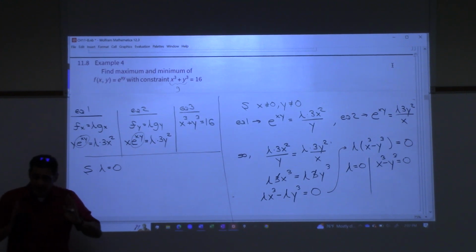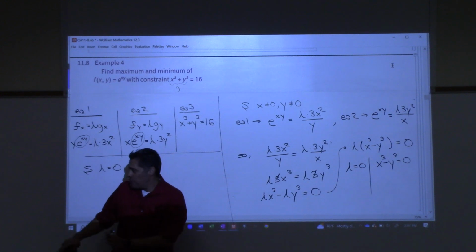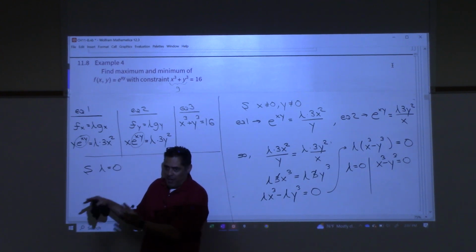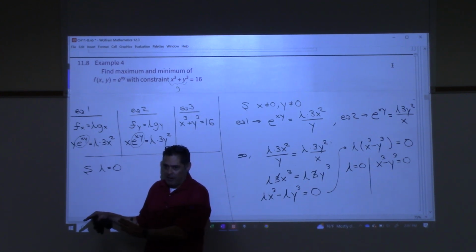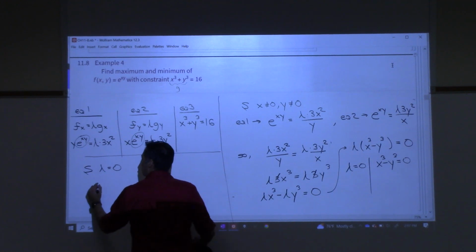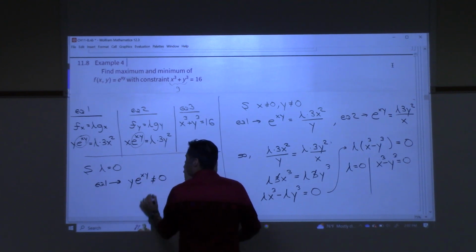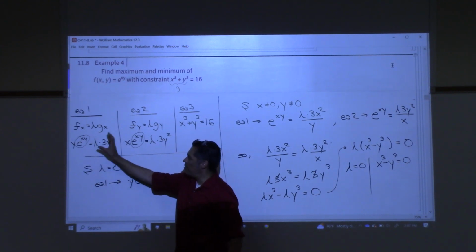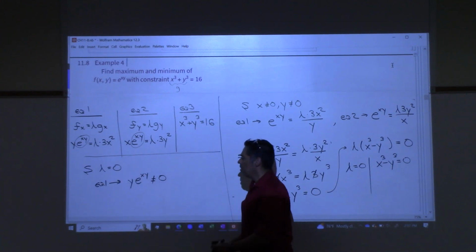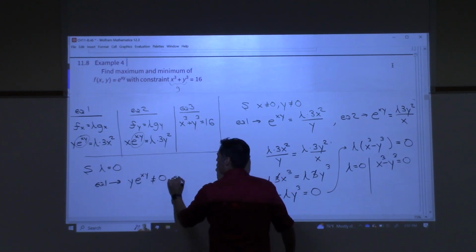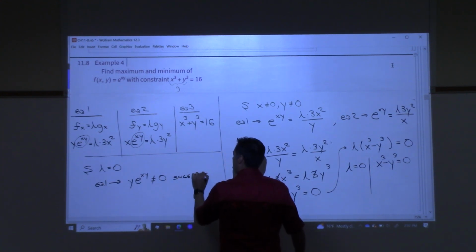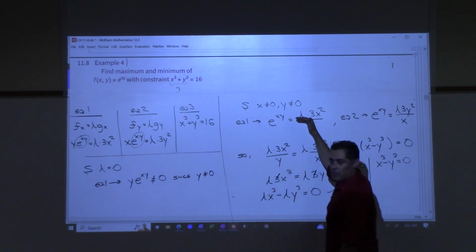And within this same thought, we're supposing lambda is 0, and we're getting a contradiction. If we take equation 1, it becomes y e to the xy equals 0, which is impossible. If lambda is 0, that's 0. The left side is not 0 since y is not 0, from this assumption.